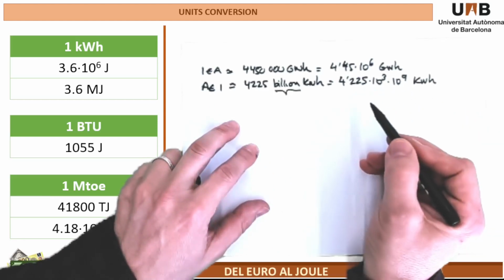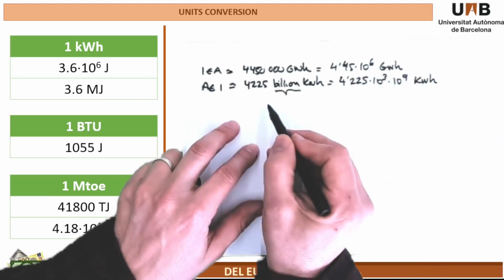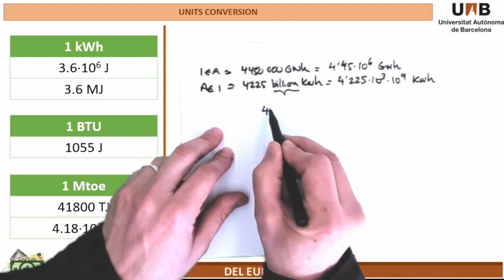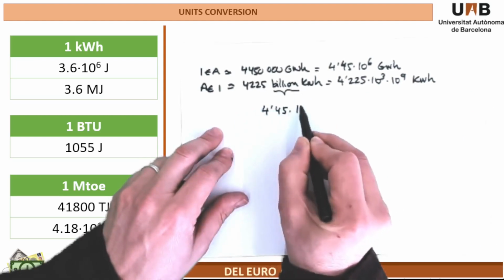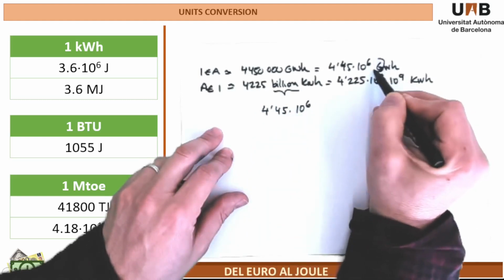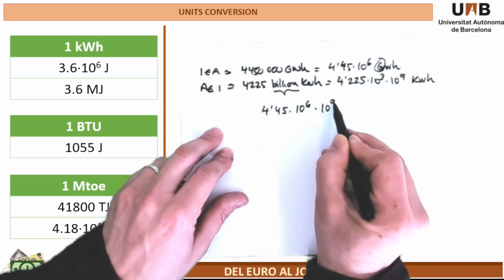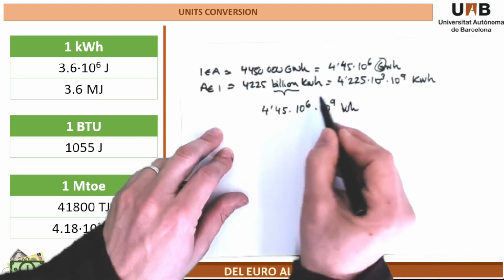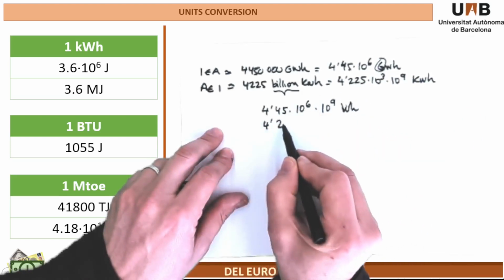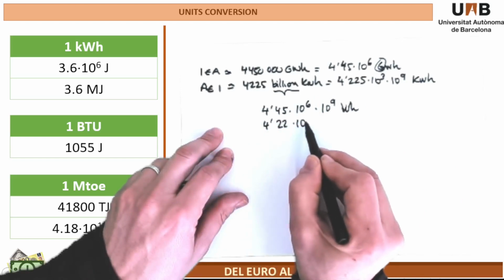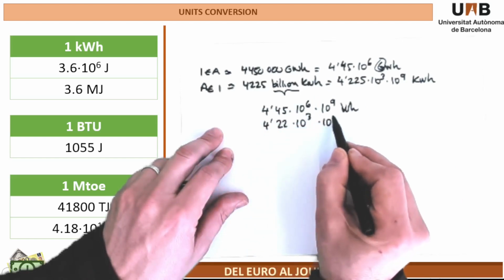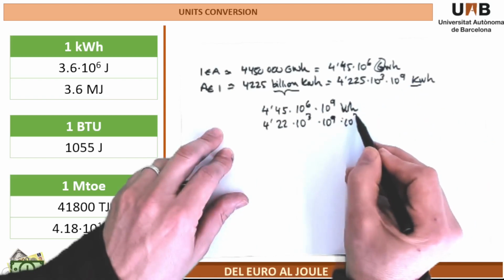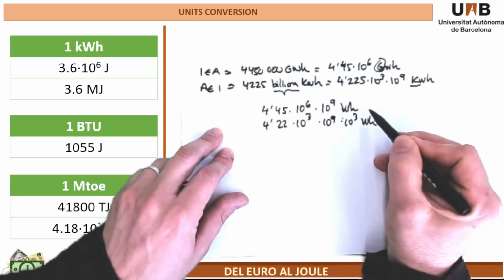Now we group these two numbers. This is 445 10 to the 6, and giga is 10 to the 9 watt hour, and 422 10 to the 3 10 to the 9, and kilo is 10 to the 3 watt hour.